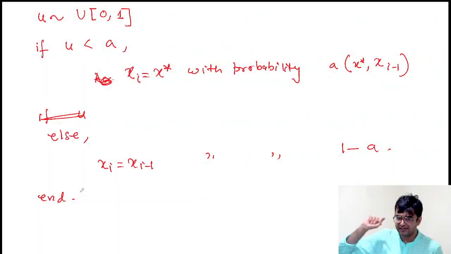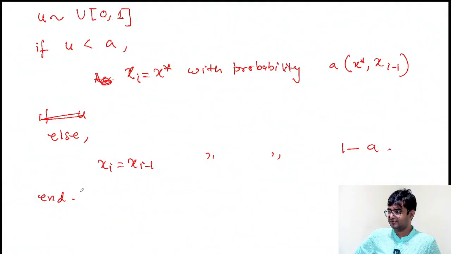One thing, this U part is clear or not? Is it not random? If it is 0.6, are you not supposed to select it probabilistically so that only 60% of the time it should be accepted? See what will happen. Why did I do it? Suppose a is 0.6.